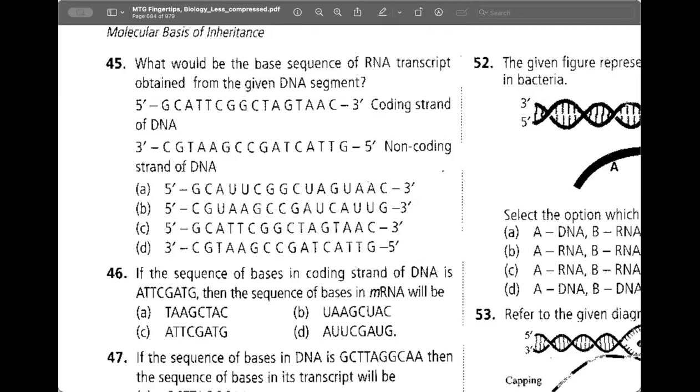And remember, I told you during the class that coding strand is just called coding strand because the code is same as of the RNA, but it does not code for anything. It is the non-coding strand which acts as a template so that the RNA can be produced. So what will be the right option? A, B, C, or D? A. Yes, A. Perfect.